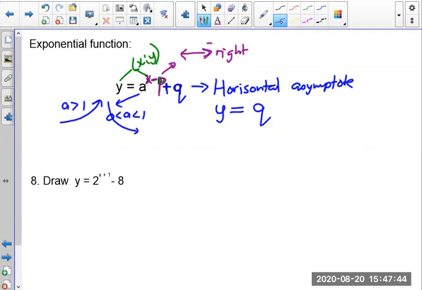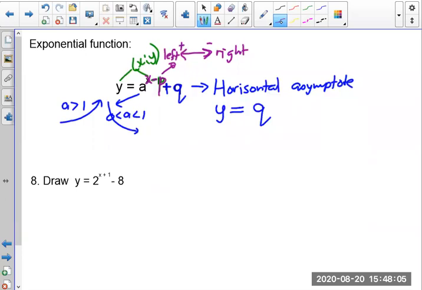And if you have a plus there, the graph moves to the left. Remember, like the men always otherwise, that's just a joke to help you remember that if you add to an x, you move to the left. If you subtract from the x, you move to the right.